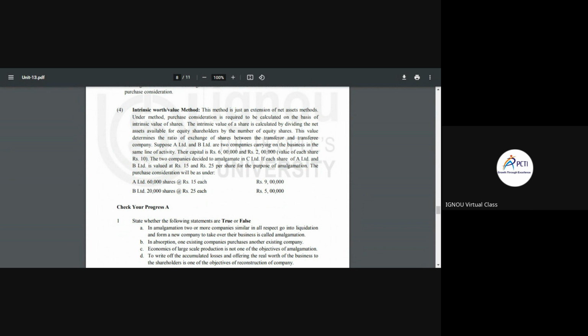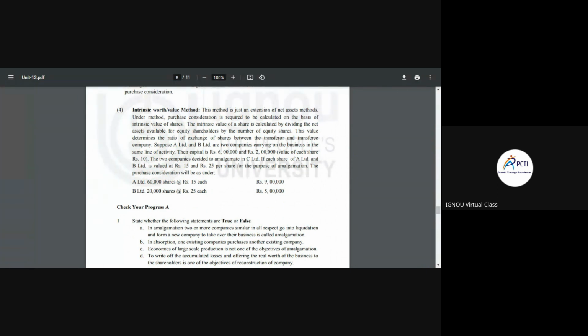Suppose A Limited and B Limited are two companies carrying on business in the same line of activity. Their capital is 6 lakh and 2 lakh. Value of share will be rupees 10. These two companies decided to amalgamate into C Limited.